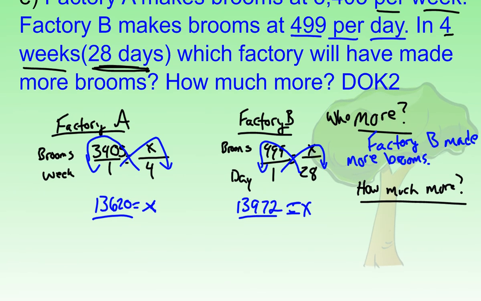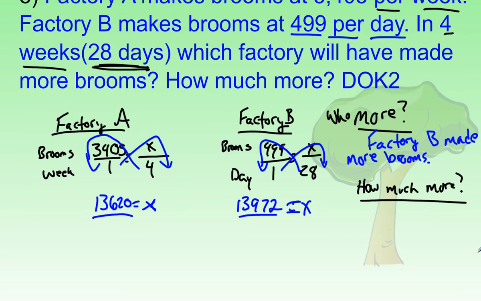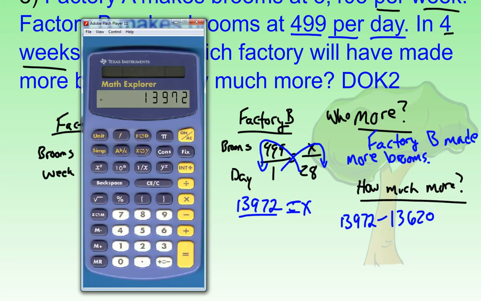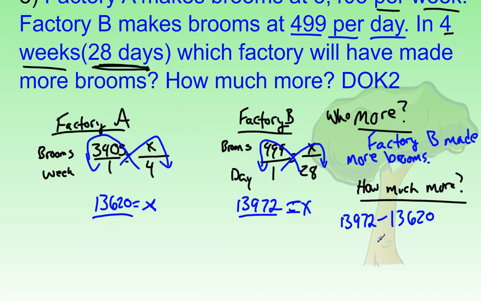How much more is a subtraction. You're trying to find the difference, the amount of space between here and here. So to find out how much more, we're going to take the 13,972 minus the 13,620 equals 352 more brooms.